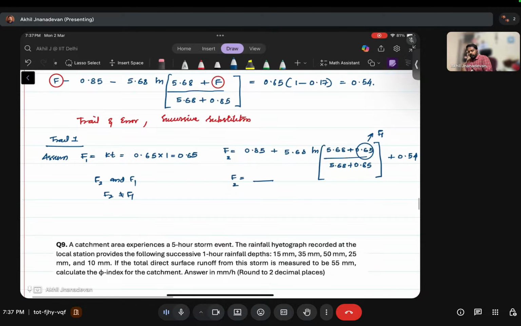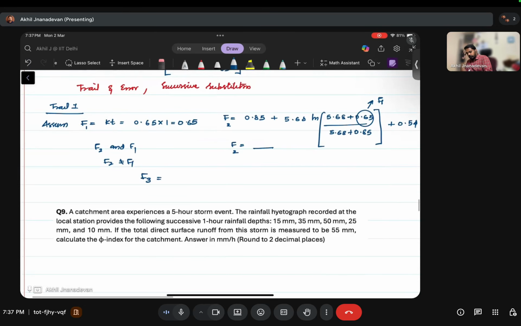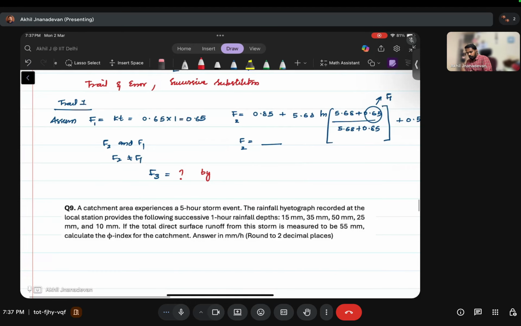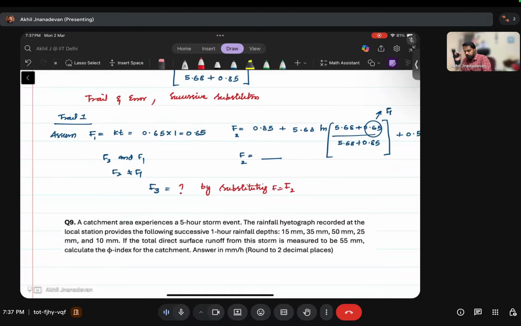We'll calculate F3 by substituting F as F2, that we just found out, and we can repeat this procedure, repeating it until we get two successive F values the same.